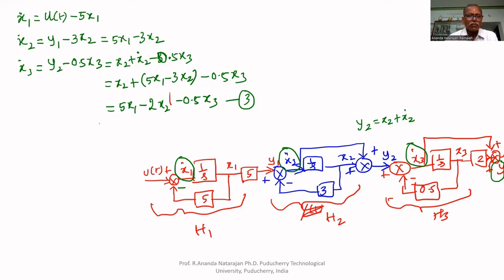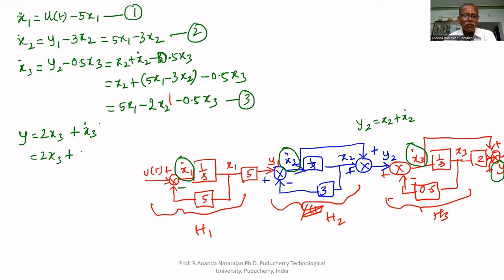x3 dot. This is the second equation, x2 dot. This is the first equation. Now we have to write the expression for y. y equal to 2x3 plus x3 dot, which is equal to 2x3 plus 5x1 minus 2x2 minus 0.5 x3.